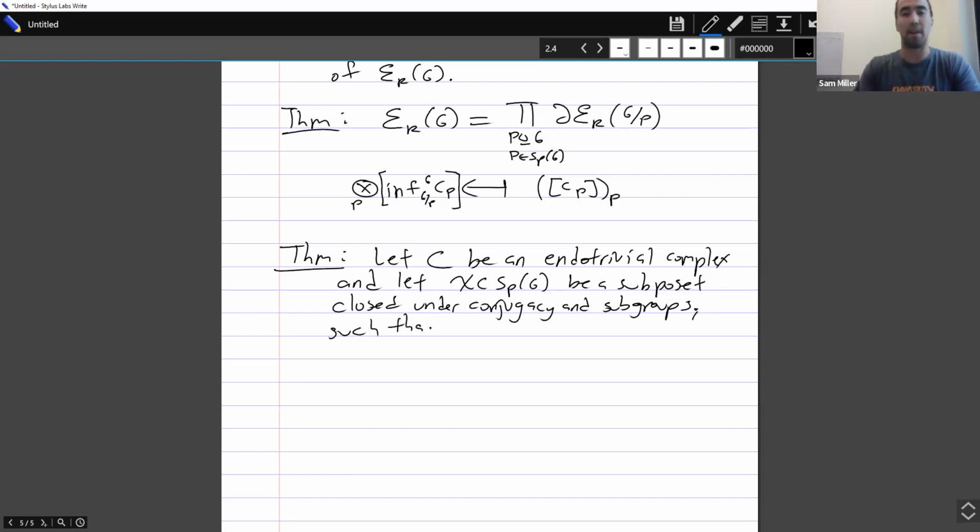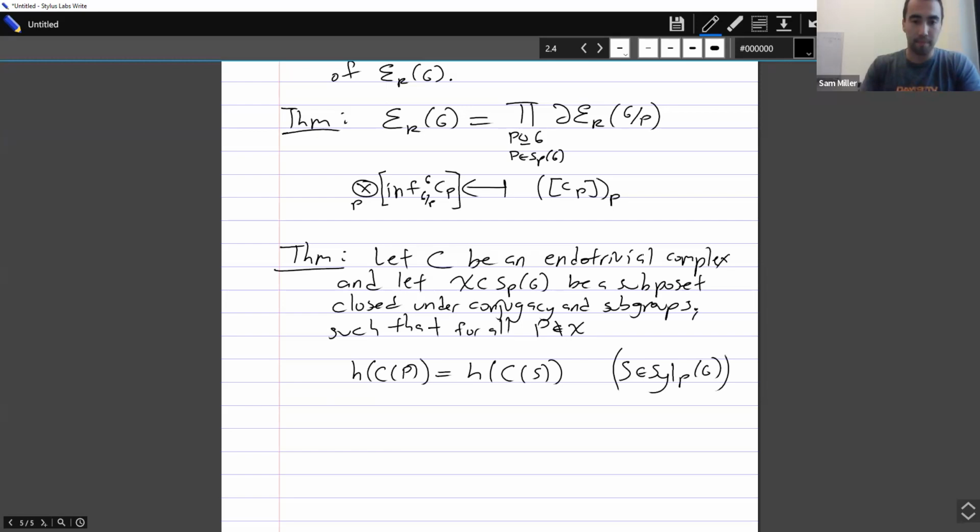It must satisfy the following property, such that for all P which are not contained in X, HCP is equal to HCS, where S is a Sylow P subgroup, any Sylow P subgroup. Then the following holds.